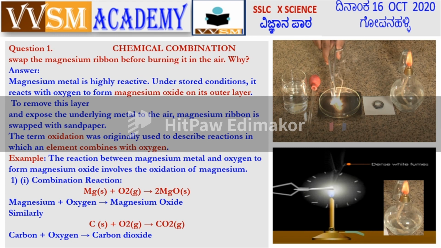Here, for example, magnesium is a metal, and hence it burns in oxygen, gives magnesium oxide. Carbon is a non-metal, it burns in oxygen, gives carbon dioxide. It may be a metal or non-metal, but oxygen is an oxidizing agent, and hence you will get metallic oxides or non-metallic oxides. There are a number of reactions like this in chemistry, particularly with oxidizing agents.